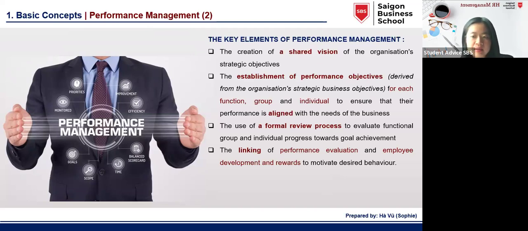And finally, linking performance to rewards. When these elements are in place, performance management has a strong and positive influence on companies by fostering cooperation toward shared goals, encouraging teamwork and open communication, facilitating change, and enhancing individual as well as group performance.